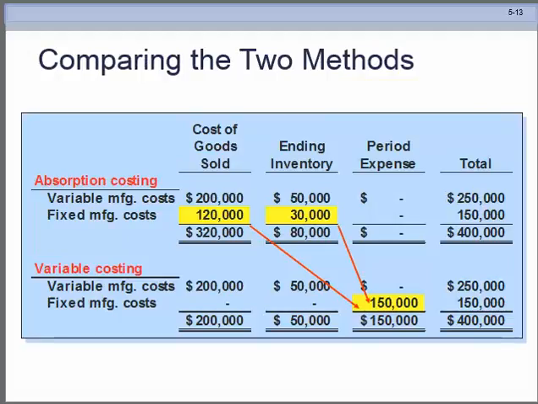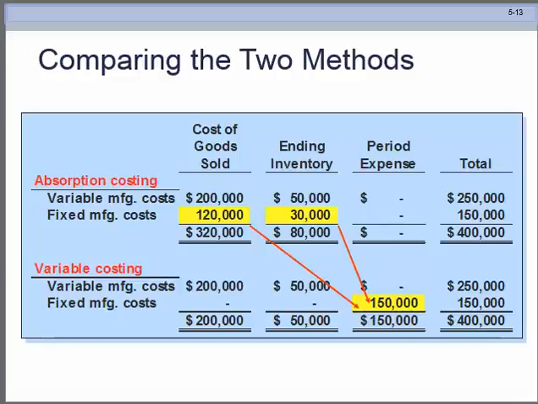So let's compare these two methods. Under absorption costing, $120,000 of fixed manufacturing overhead is included in the cost of goods sold, and $30,000 is deferred in ending inventory as an asset on the balance sheet.